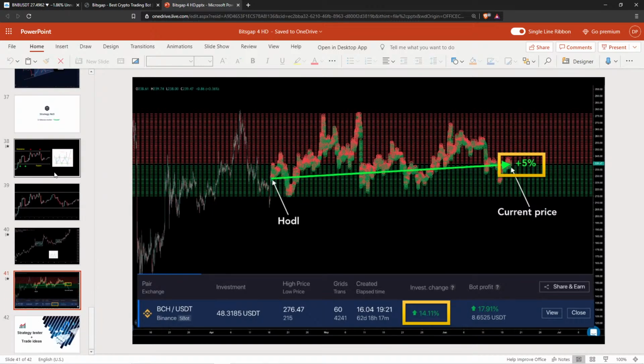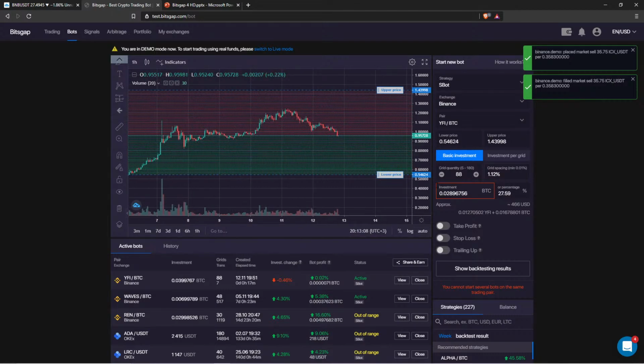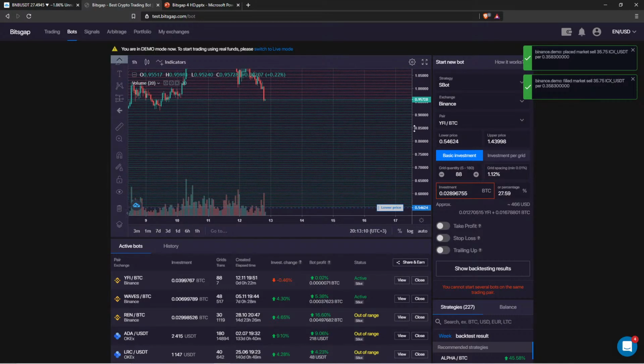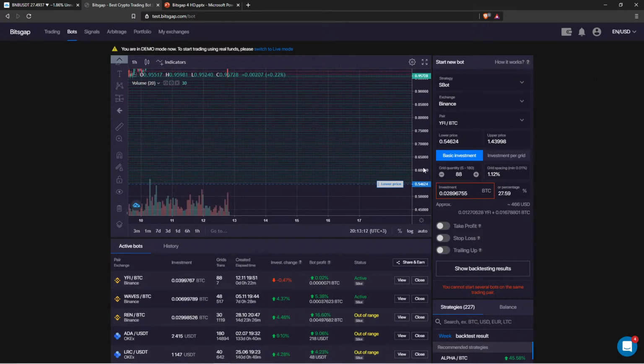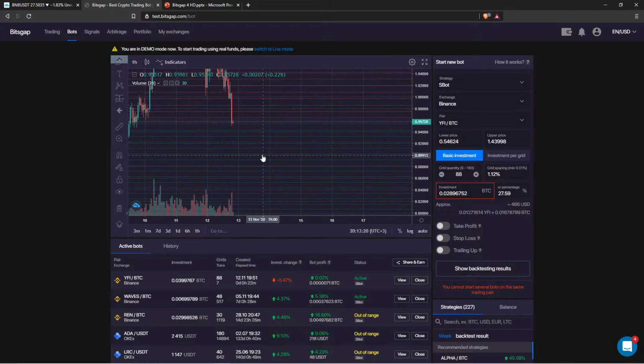And in this presentation, I don't have an example of how the automation outperforms a simple hodl strategy on a falling market, but I promise next time I will show you. But even now you can see that it has a proportionate distribution, buying low as the price keeps falling. You see, it does not buy all of the crypto at one price. It is distributed.